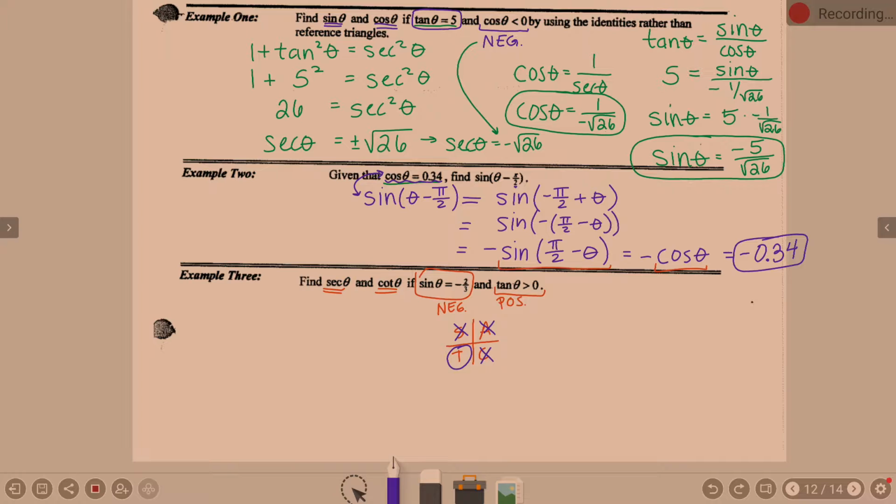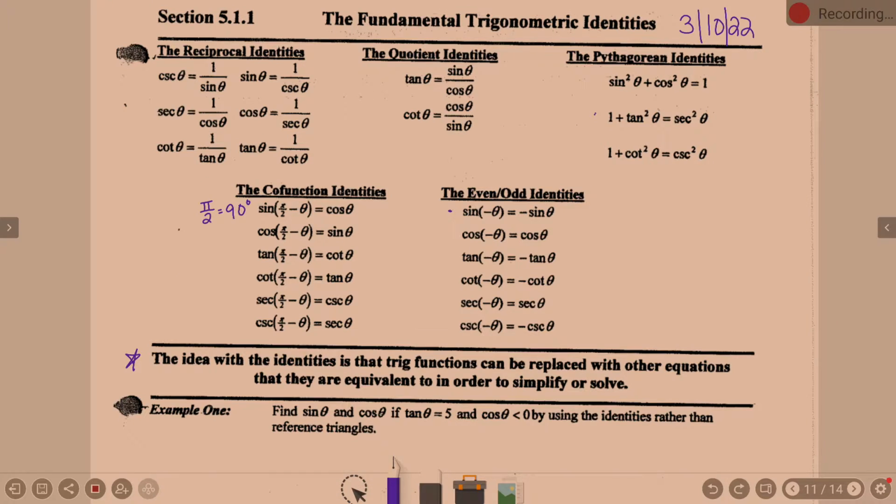So we can still use chapter 4 material, right? Okay, guys. We know sine. What would you like to use to find somebody else? Go back to your identity list. What are options?